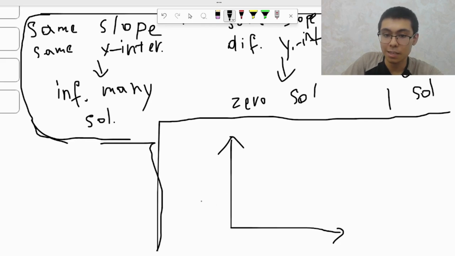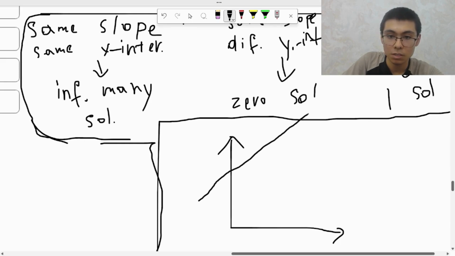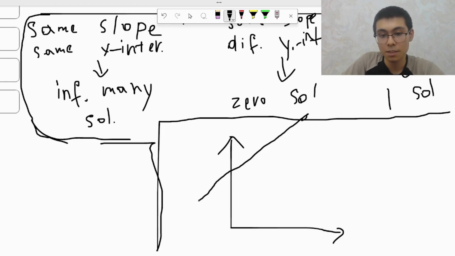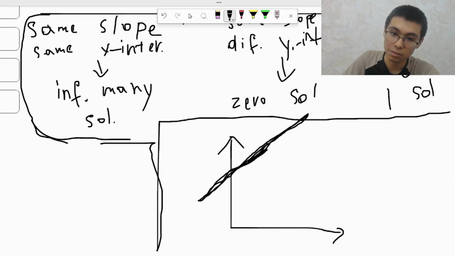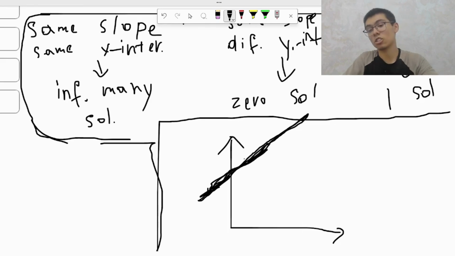Slope means the rate of increase. If it's the same, and they also have the same y-intercept, then both of these are gonna lie here, right? They go the same way, and as you can see, at each point there are intersections. They're infinitely many. You can't count them.